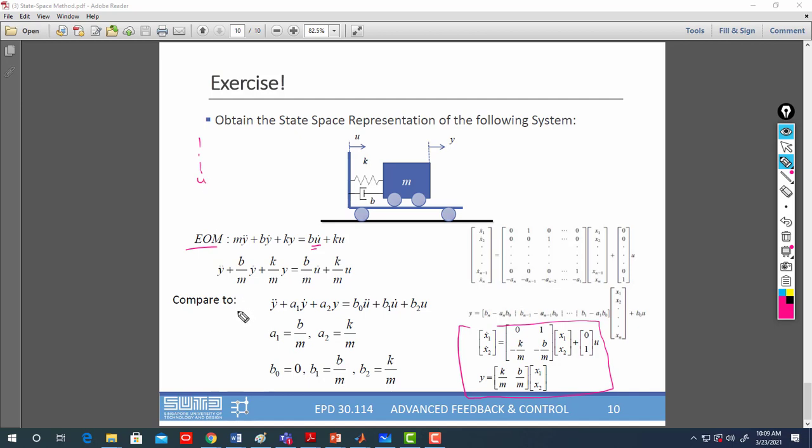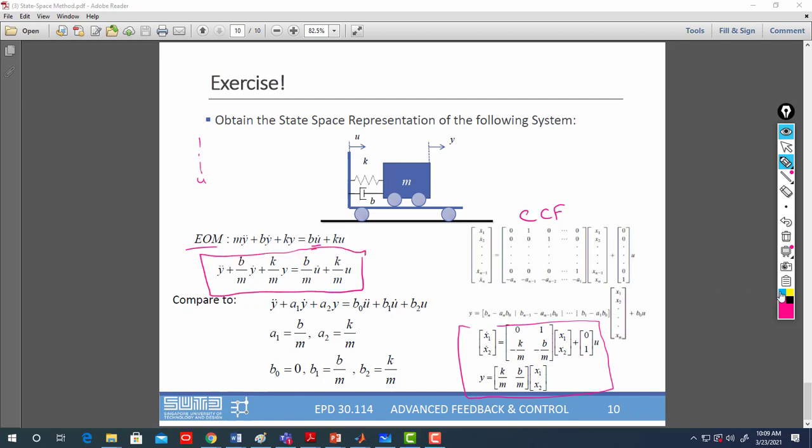No, I directly went to my controllable canonical form, in which just my matrices A, B, C, and D. So you see B is all 0, 1. And this is a matrix A, this is a matrix B. So the first step is to write it in that form.